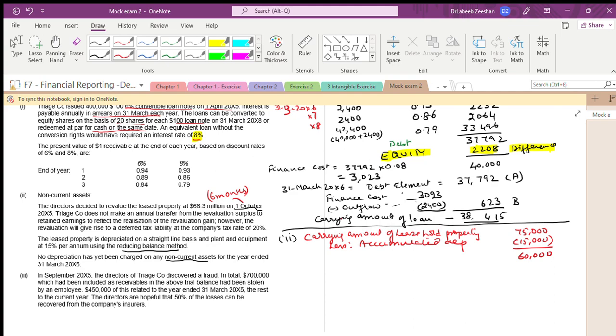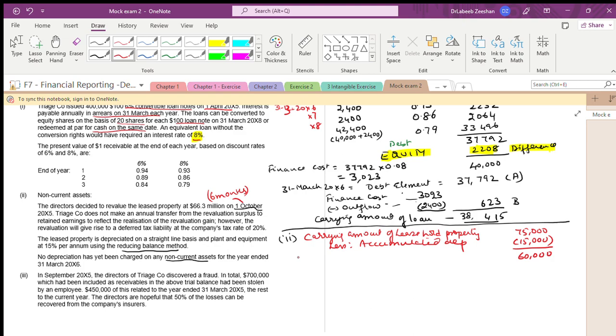Now, the directors revalued the leasehold property for these things. Revaluation gain. The leasehold property is depreciated on reducing balance method.